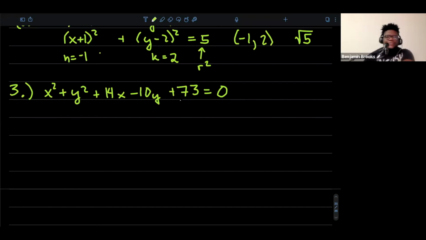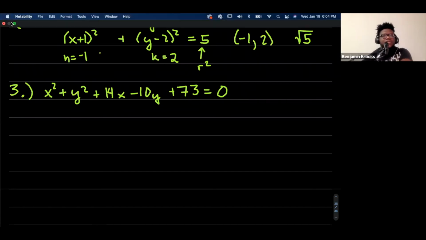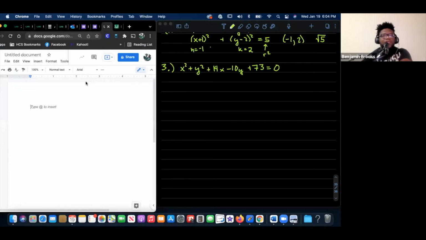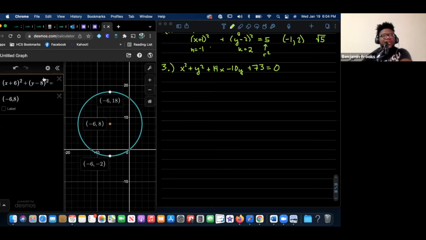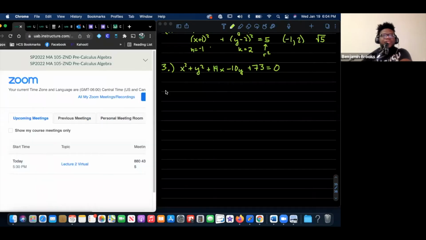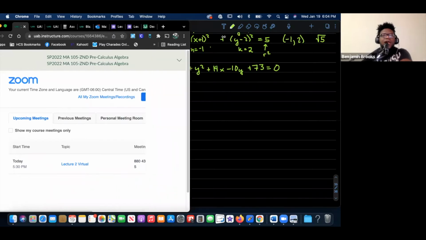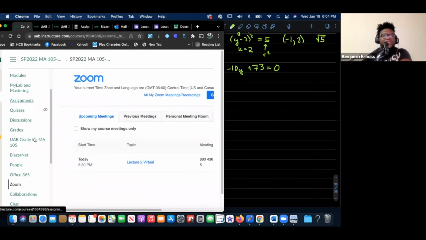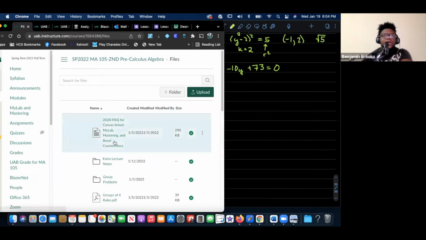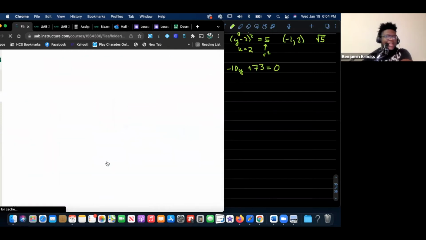For this, I'm going to use completing the square. I'm going to go over completing the square in this lesson, but if you're not used to it, it can be kind of a confusing topic. So let me pull up something real quick. I have the extra lecture notes always under files, under extra lecture notes.